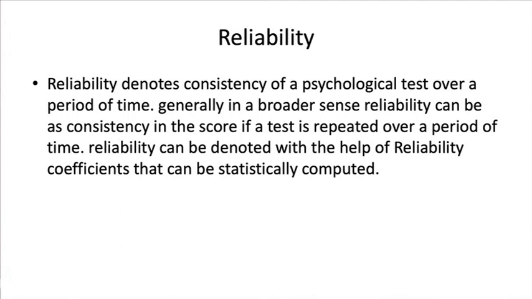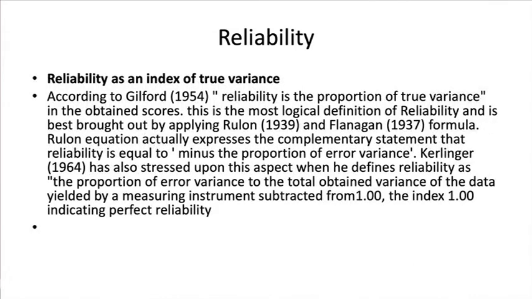Now, that was the general definition. Now, we will talk in technical terms about what reliability is. Reliability as an index of true variance. First, as a layman, I explained what reliability is. Now, I will talk about the technical. According to Guilford, 1954, reliability is the proportion of true variance in the obtained score.